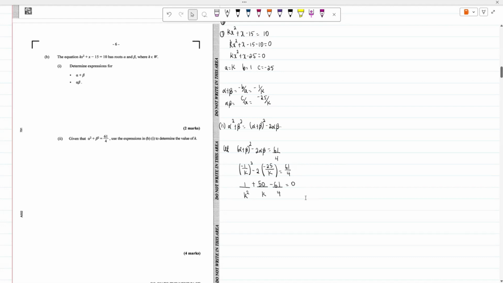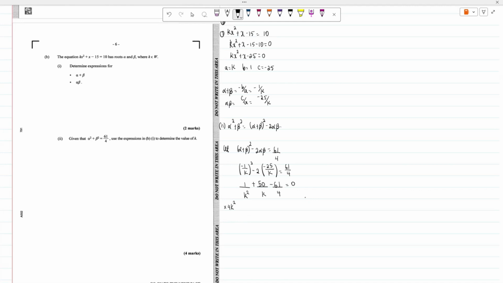Now I will multiply everything by k squared to get 1 plus 50k, take away 61 over 4. Let me multiply everything by 4k squared now to get rid of the 4 in the denominator as well.